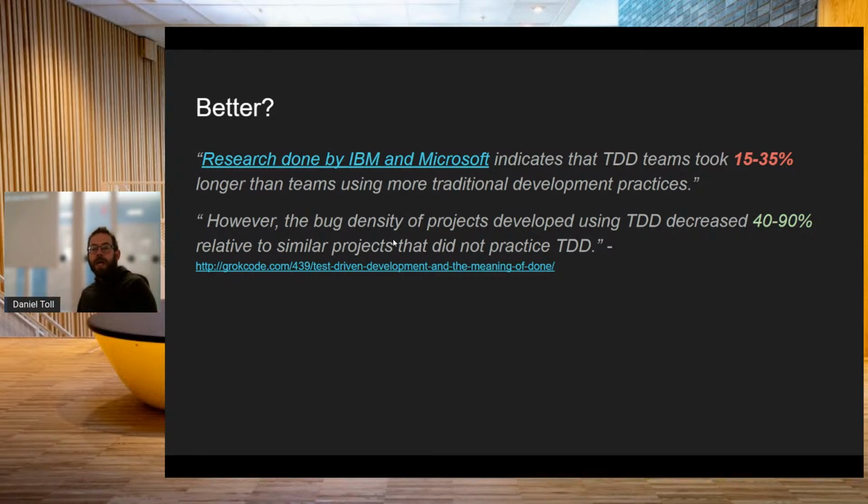So the bug density of projects developed using TDD decreased by 40 to 90%. There are a lot of studies on this. They give different outcomes. Some studies say that it's even worse to write TDD code than normal, even for testing, right? And they compare it with peer review, where programmers review each other's code, which seems to be the most efficient thing.